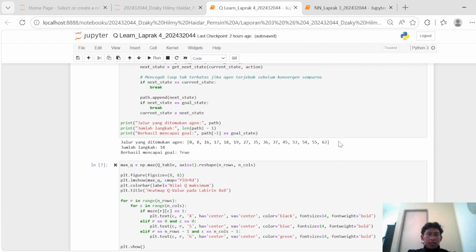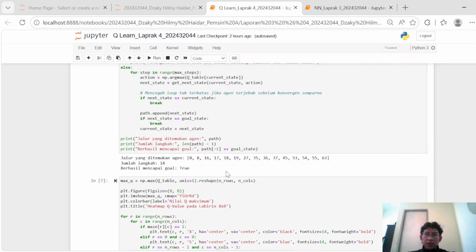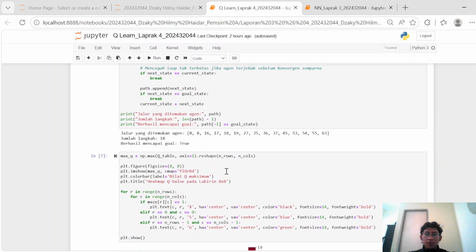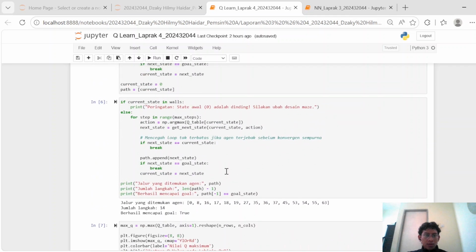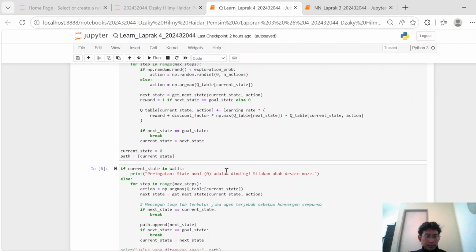Then for the exploration and exploitation strategy, we set the exploration probability, epsilon, to 0.2.